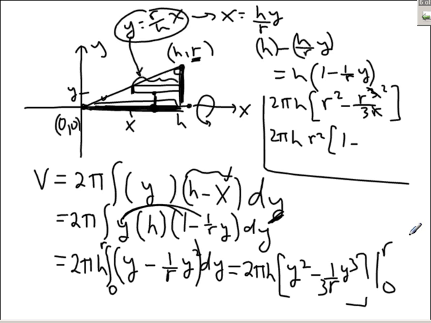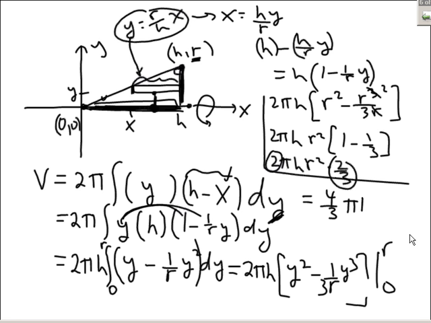And then I have 1 minus a third, which is 2/3. So I have 2 pi h r squared times 2/3. 2 times 2/3 is 4/3. I have 4/3 pi h r squared, better known as the volume of a cone. And we derived it. Okay, good luck with this stuff.